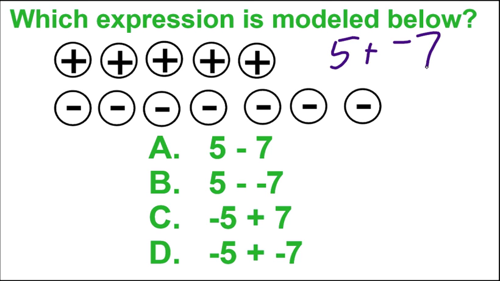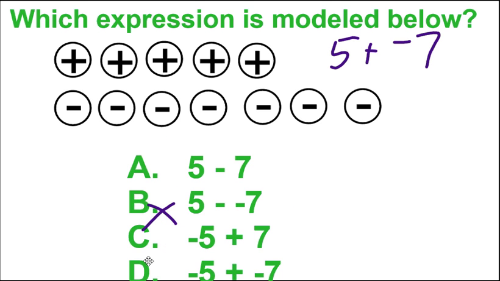We do not see 5 plus -7 as one of our answer choices. We can tell it's not going to be those two because C and D have a -5.